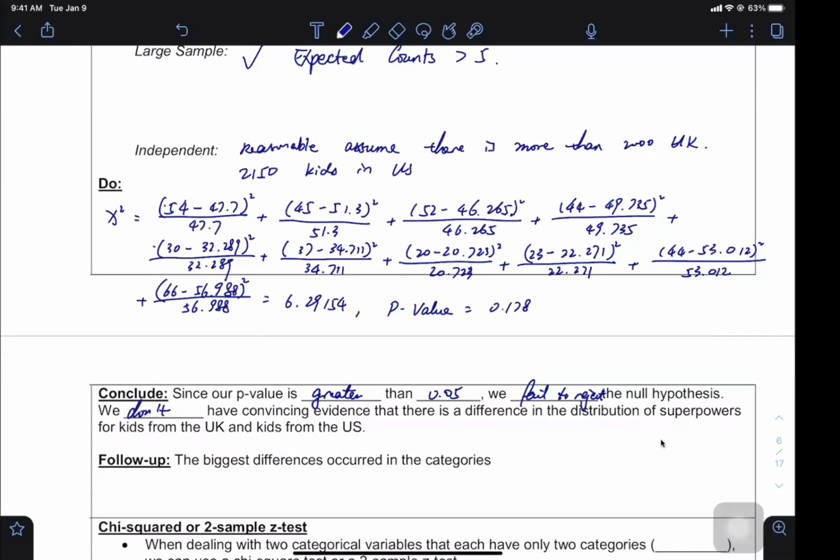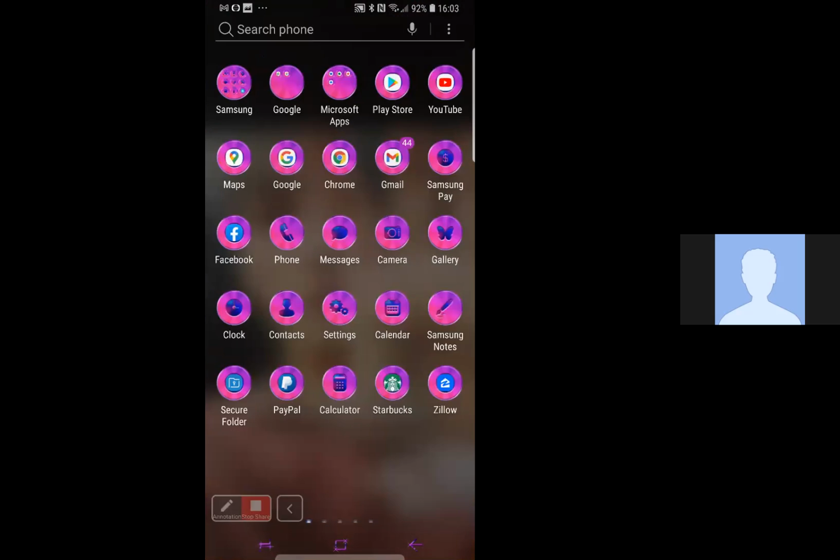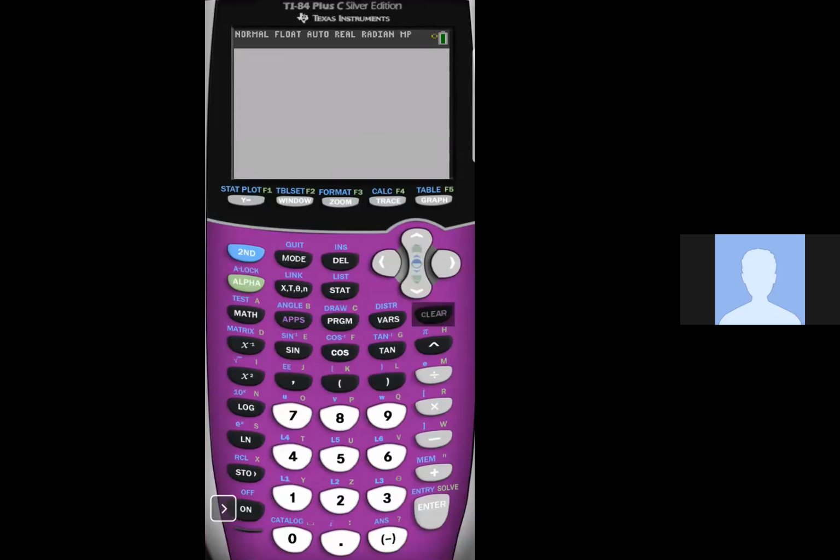Oh yeah, one more thing. How do you find the expected counts on your calculator? I forgot that. On your calculator, after you run the chi-square test, go to second matrix now. And now you should have something in your B matrix, like me. This is the expected counts calculated by the calculator.